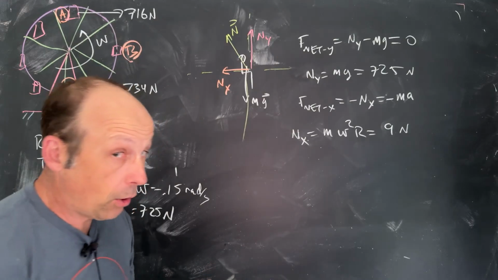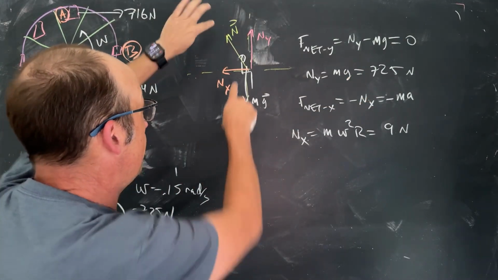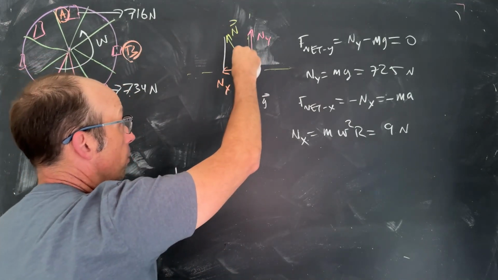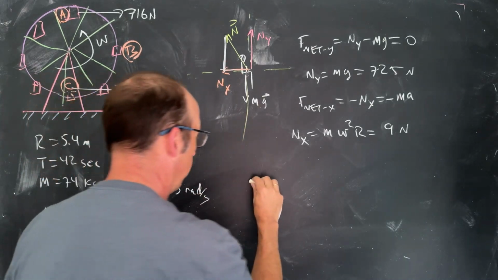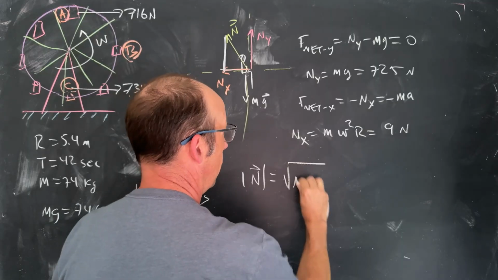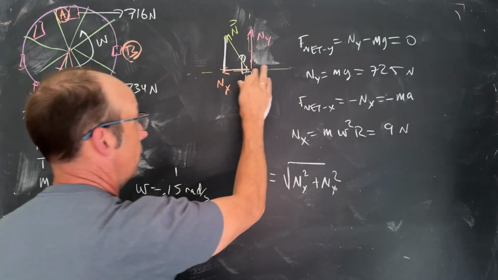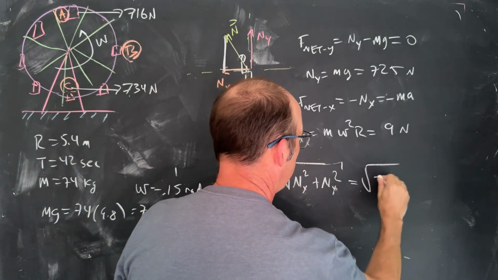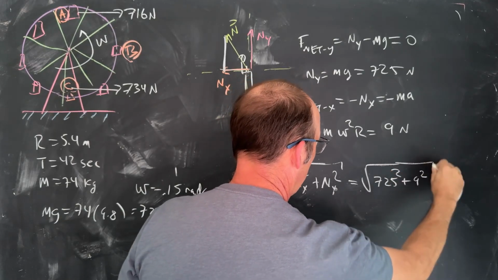Okay, so what's the apparent weight? Is it that or is it that? Well, it's not, right? It's this. So I actually have to find the magnitude of the total normal force. I know the x component, I know the y component, so I can use the Pythagorean theorem. So the magnitude of n is the square root of n x squared plus n y squared, right? A squared plus b squared is c squared. So I get the square root of 725 squared plus 8.9 squared.